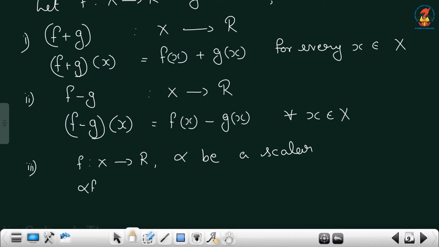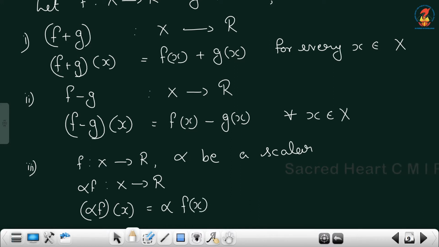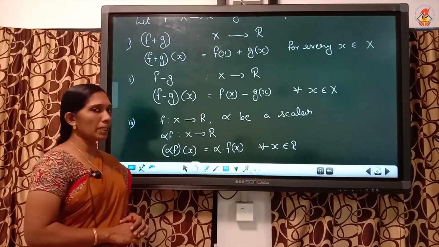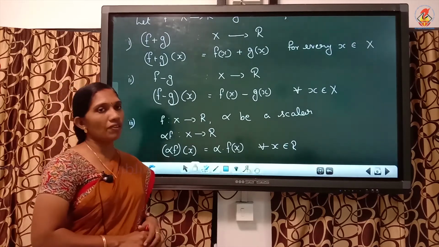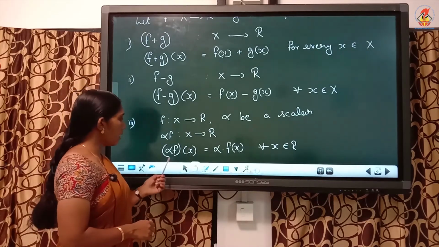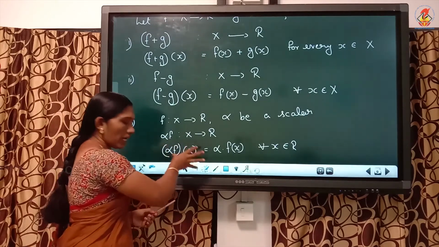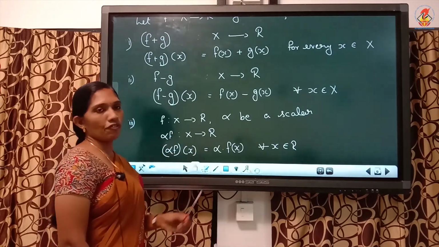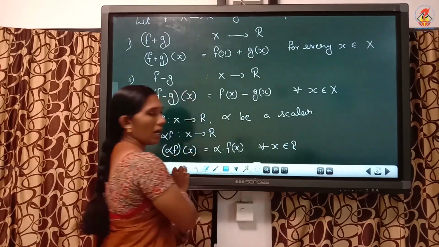Then alpha f is also a function from X to R, defined as (alpha f)(x) is equal to alpha into f(x) for every x belongs to X. This dot denotes product. So if f is a function from X to R and alpha is any real number, then alpha f is also a function from X to R.